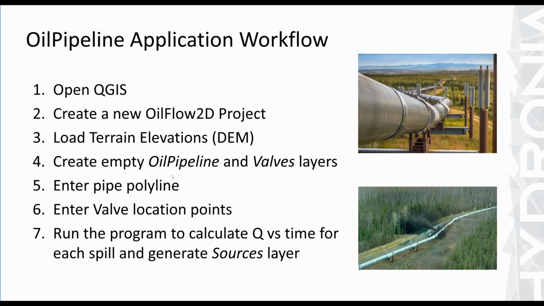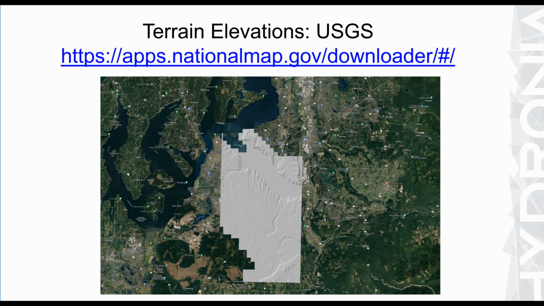Then you enter the pipeline in this layer and the valve locations in the valves layer, and run the program to calculate the flow rate versus time outflow from each of the spills, and also the program will compute and generate the sources layer for you. So this is a general workflow.